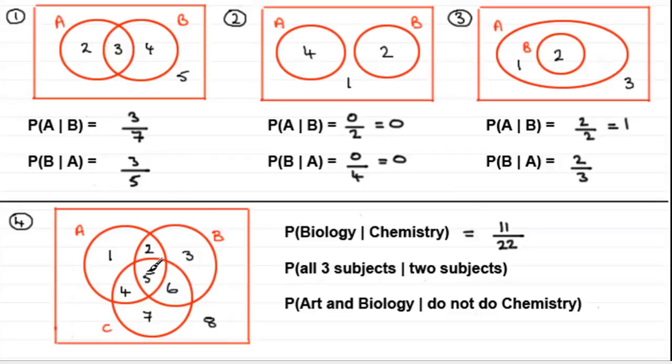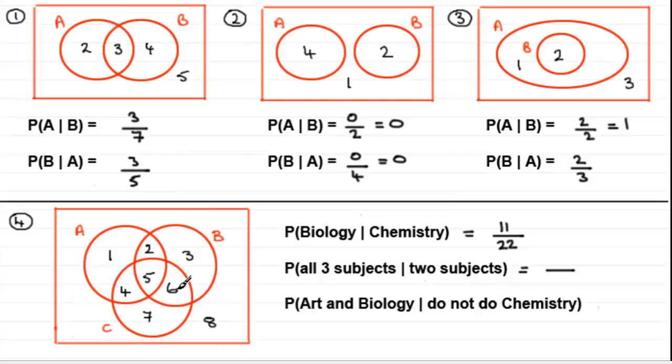But you've got to be careful. I didn't say just doing 2 subjects, that they do 2 subjects. Now, these 5 people here do 2 subjects. Okay, they do 3 subjects, I know that, but they do 2 subjects. So, for the denominator here, it's going to be the sum of 2, 5, 4 and 6.